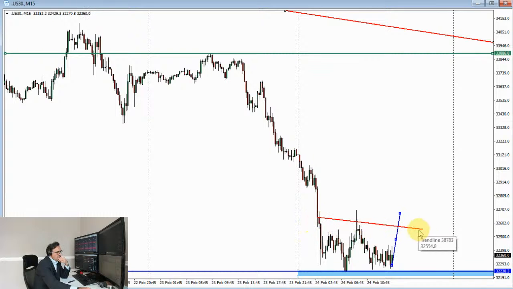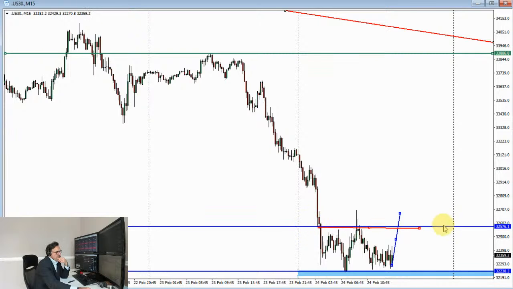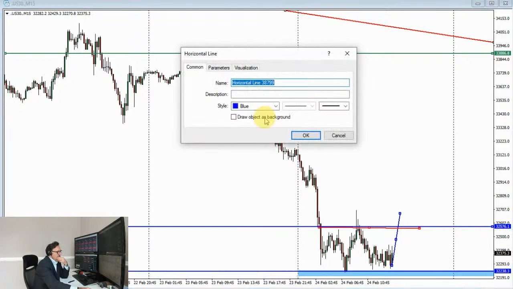Very similar to what we had with S&P. So either highs like this, or just horizontal kind of highs there, pointing to, actually I'll be more precise, 32,570. So that's the area then of interest.